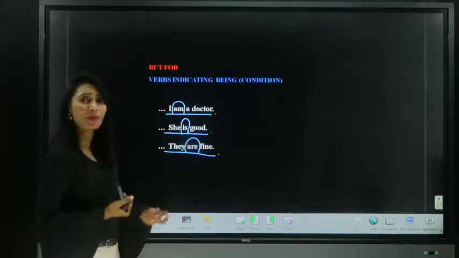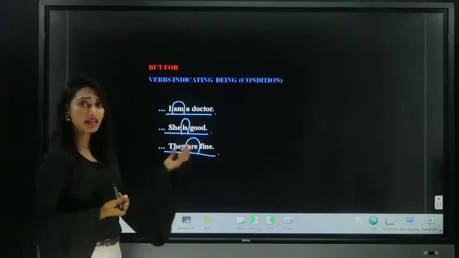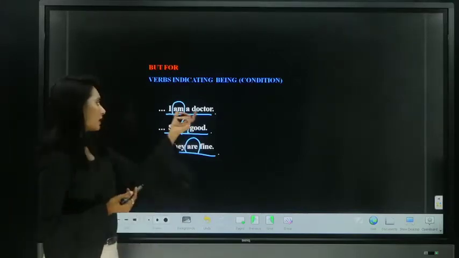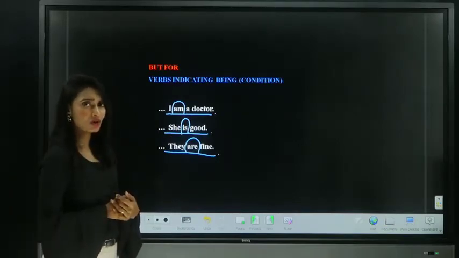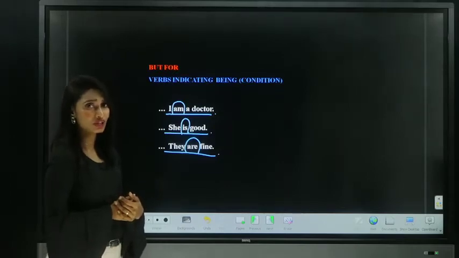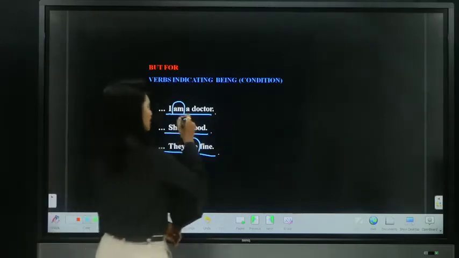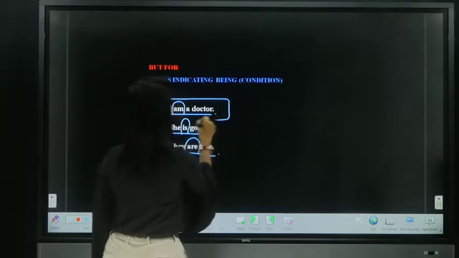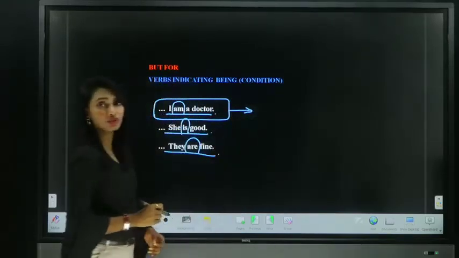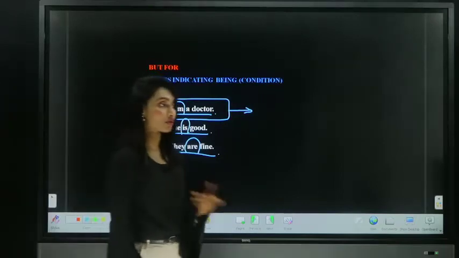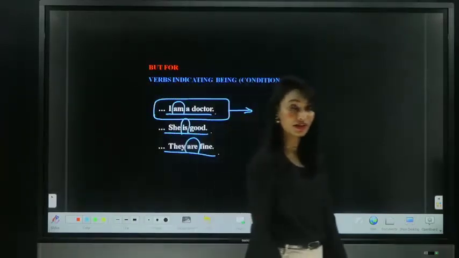So what about the tenses for this? See, I am a doctor. It is in which tense? It's in simple present tense. Now, can you write it in present continuous? Try it, guys. Write this sentence in present continuous. I am a doctor. What is the present continuous for I am a doctor? Quick, make a note. Write fast.